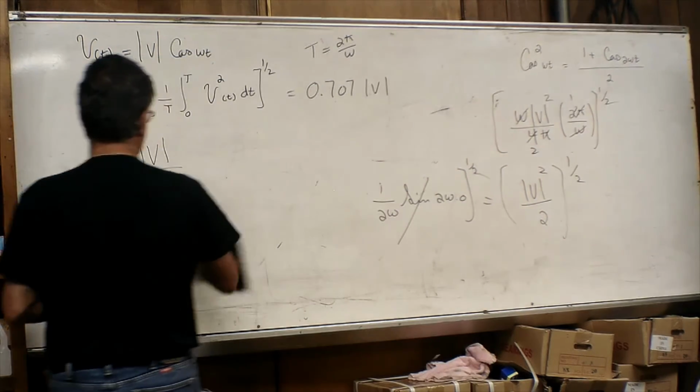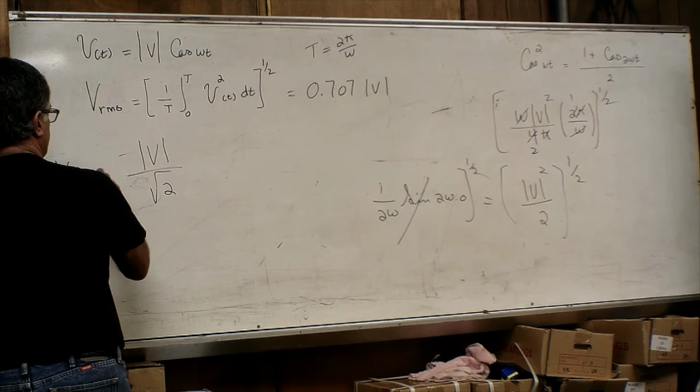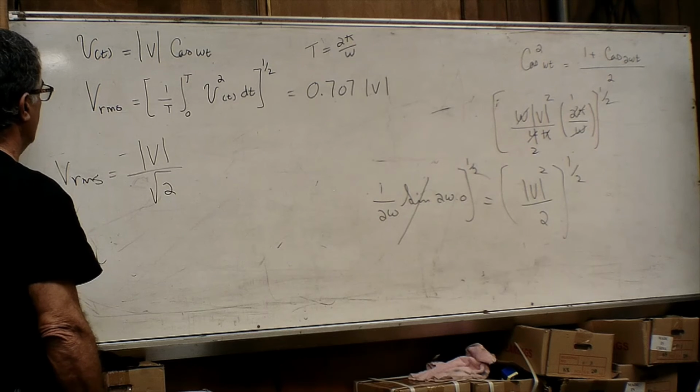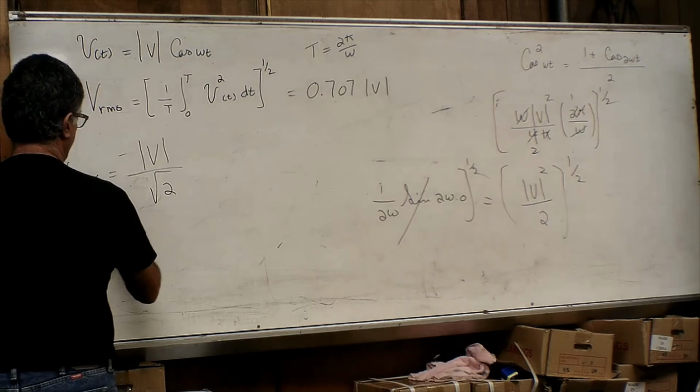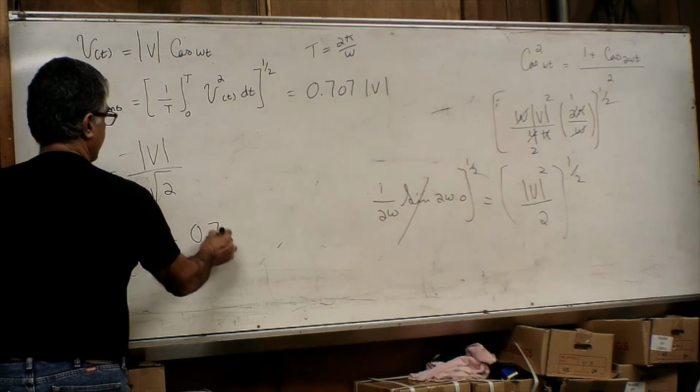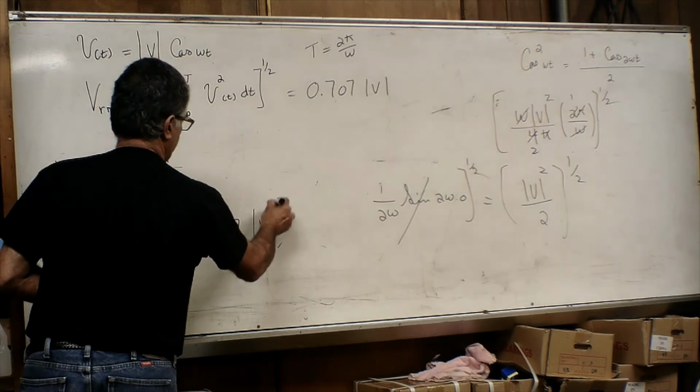Oh, sorry, this is equal to V RMS. So V RMS will be equal to 0.707 times the absolute value of V.